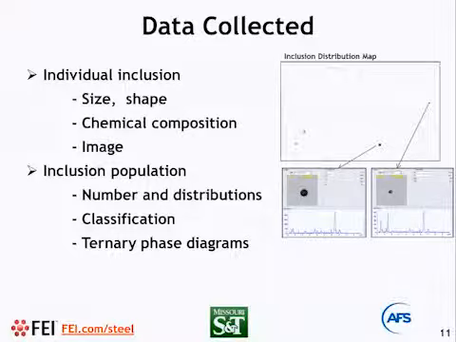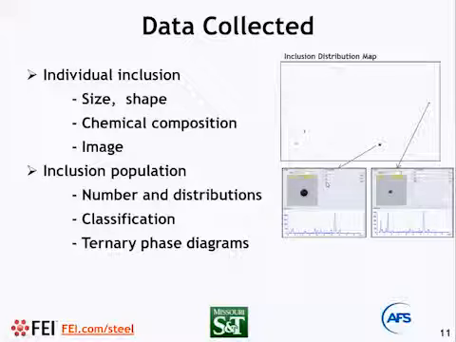So after we do the inclusion analysis, what we get is a lot of data. So as shown on this slide, you can see a map showing the distribution of inclusions on the sample. Right, so as we zoom in, put a mouse on each feature, each inclusion, you can see the SEM image of this inclusion, and also it shows you the EDS spectrum along with the chemical composition.